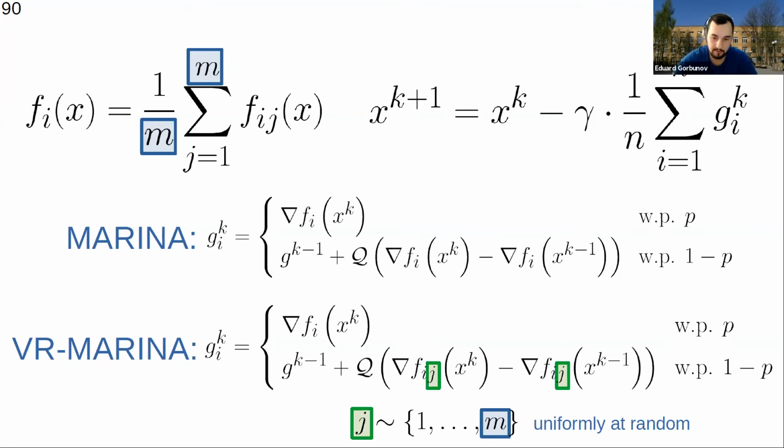Thank you for the question. I think I understand the question. Here we consider the finite sum case. In PAGE, it is also needed to compute full gradients with some probability when we consider the finite sum case. When we consider the online case, then of course there is a need to compute just stochastic gradients, but with larger batch sizes.